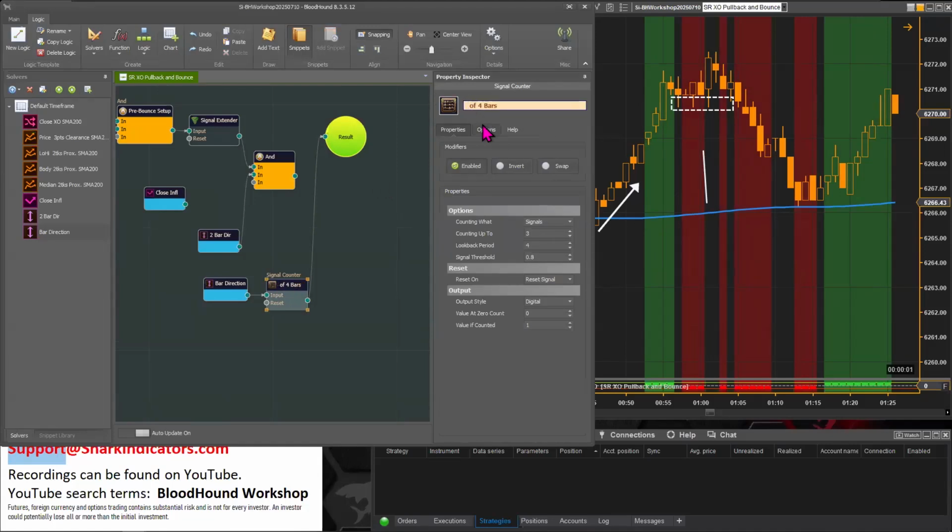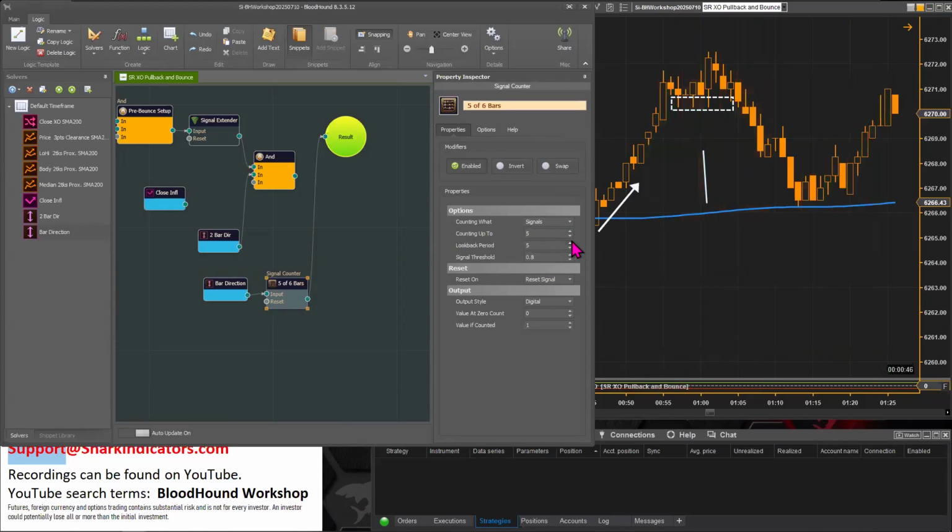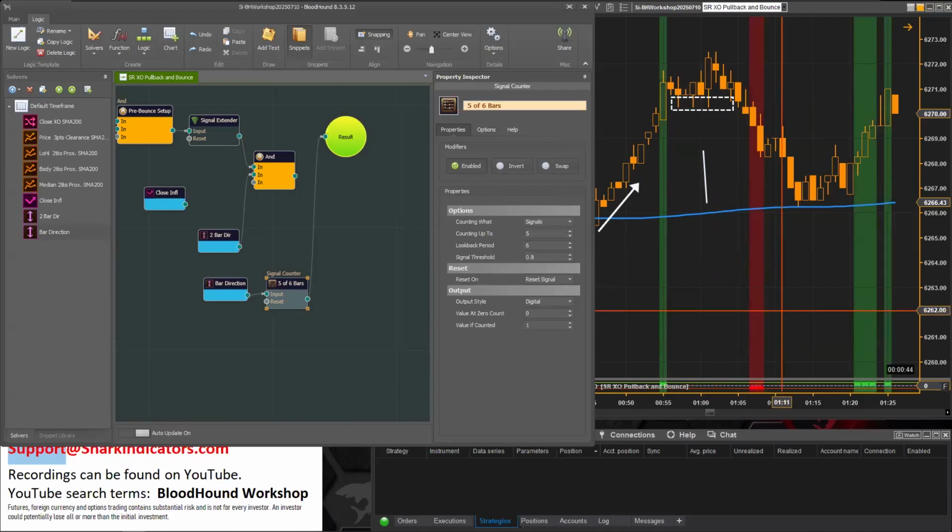I'm going to make this extremely conservative and go with 5 out of 6 bars. There.